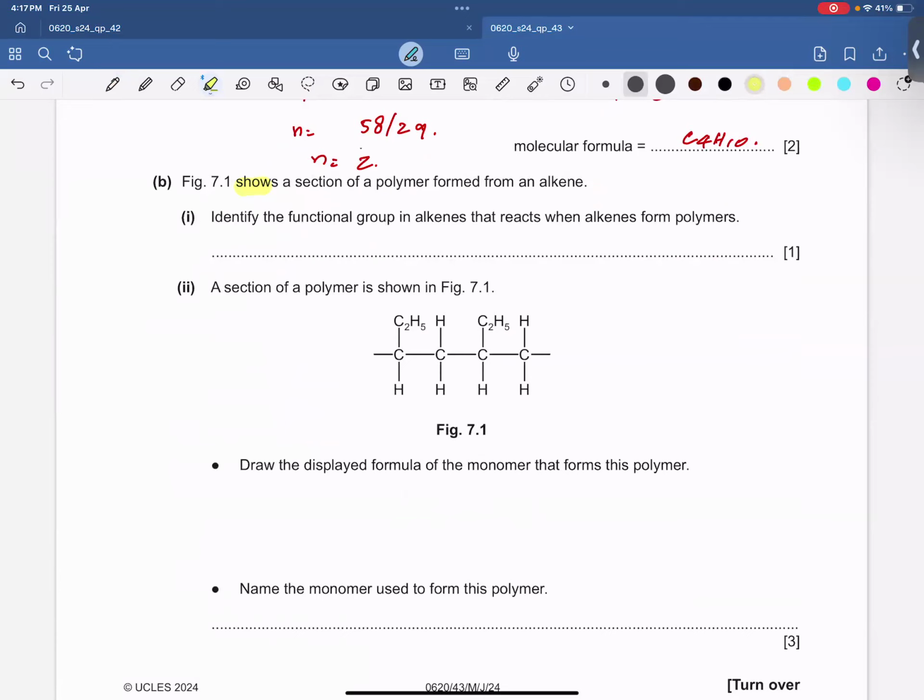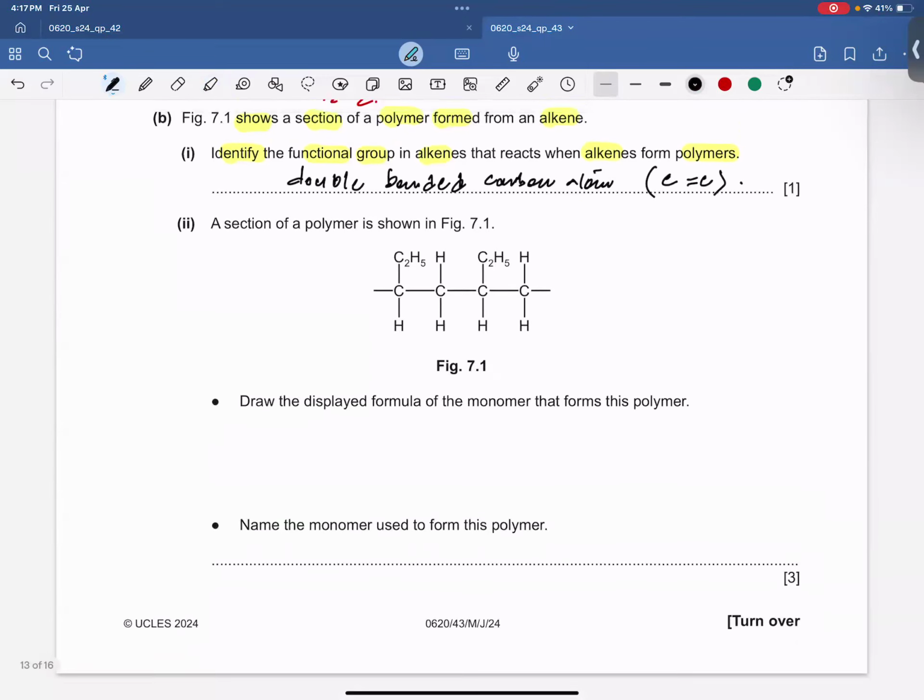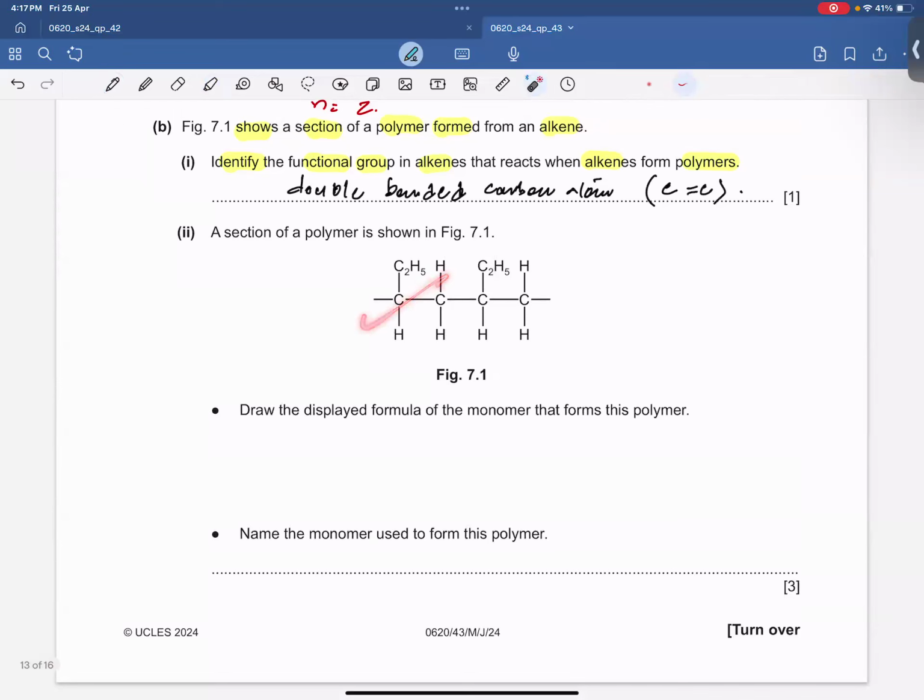Figure 7.1 shows a section of a polymer formed from an alkene. Identify the functional group in the alkene that reacts when the alkene forms a polymer. Double bond, obviously. Double bonded carbon atoms, C double bond C. This is the polymer.